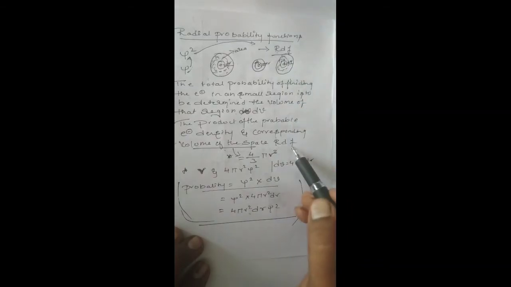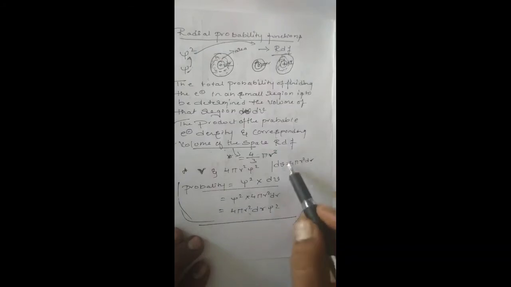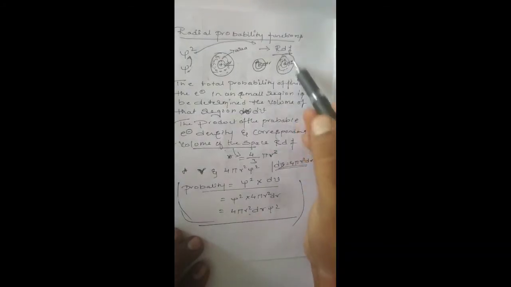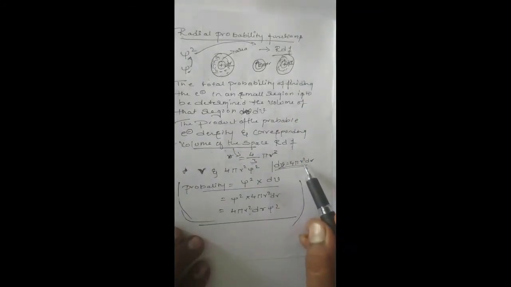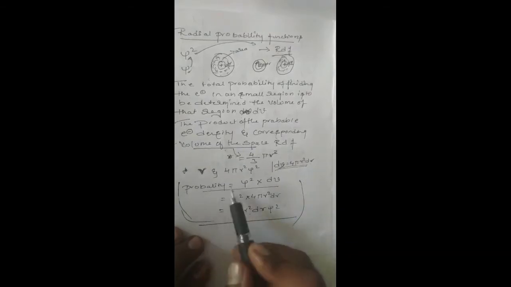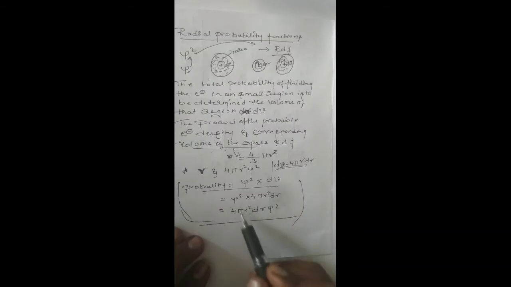The volume of a sphere is 4/3 pi r cube. So dV, the volume of the orbital shell, is 4 pi r square dr. If probability equals psi square into dV, substituting 4 pi r square dr we get 4 pi r square dr psi square.